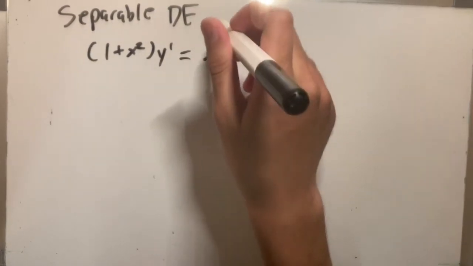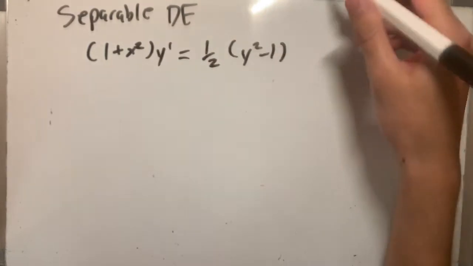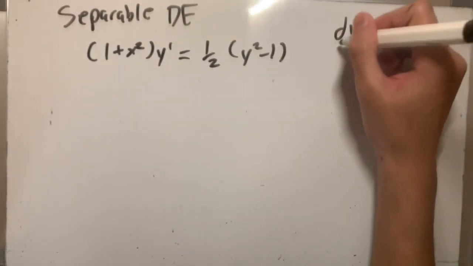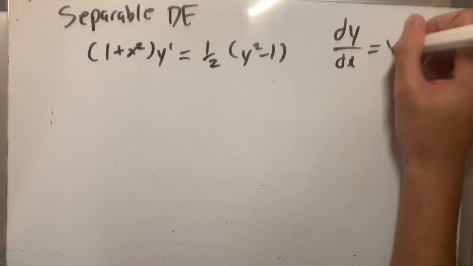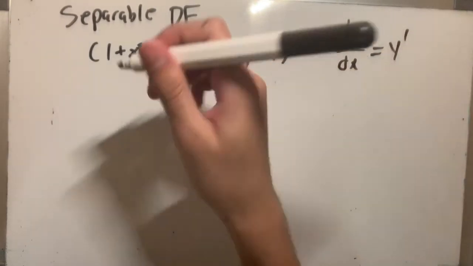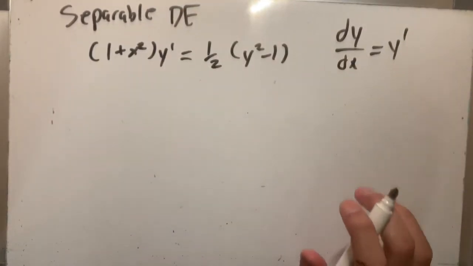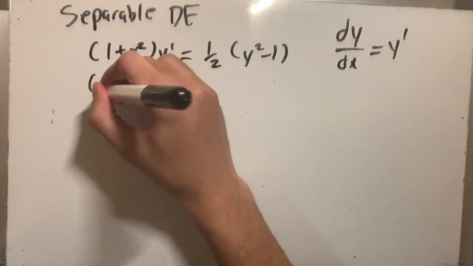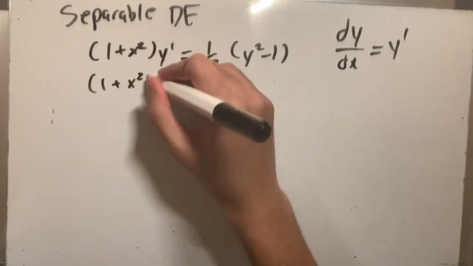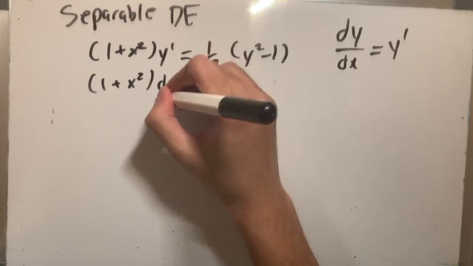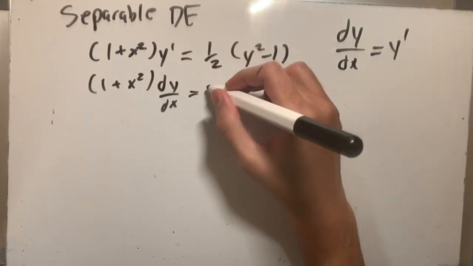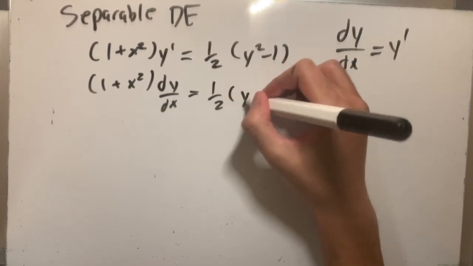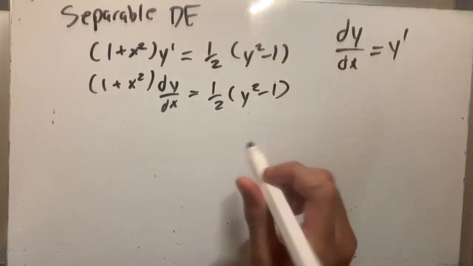It will be easier to look at it if we just put dy over dx instead of y', because it'll be just easier to look at. So we have (1 plus x squared) dy over dx is equal to half of (y squared minus 1).